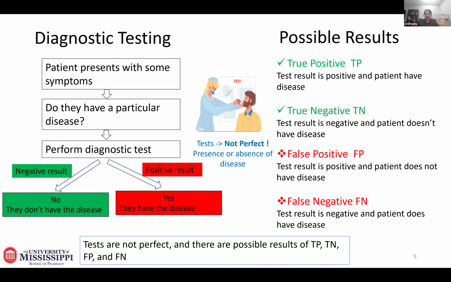The testing tools incorrectly identify patients with the disease. And this could also happen when the test result is negative, but the patients actually have the disease. This means that the diagnostic tools incorrectly identify the patients as disease-free.